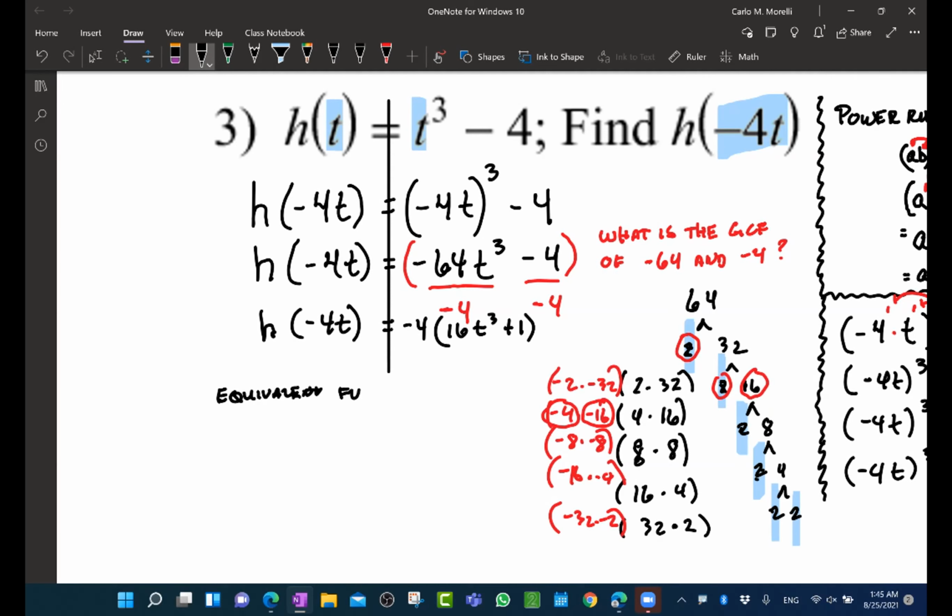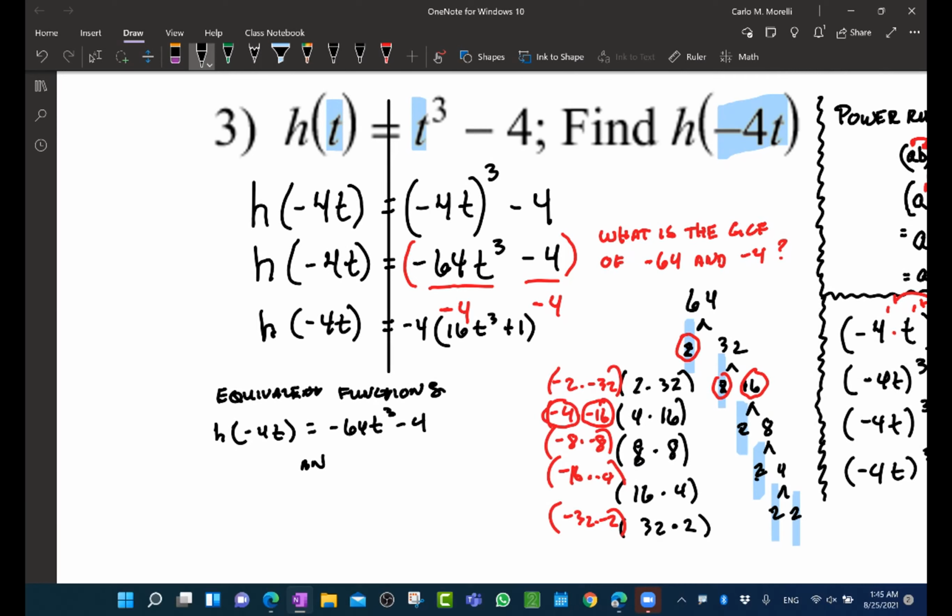Functions. h of negative 4t equals negative 64t cubed minus 4.